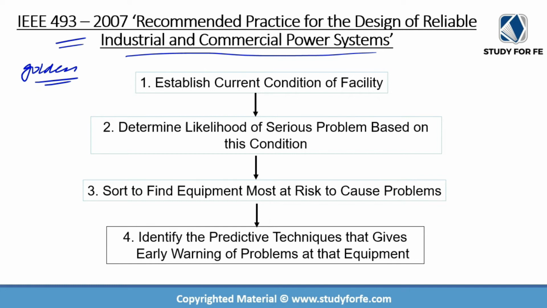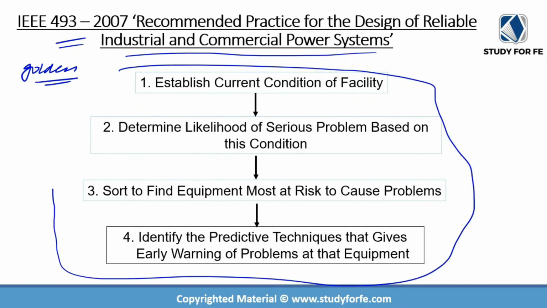We are not going to go through it, but at a very high level, it provides a stepwise framework, which we are going to discuss over here, as to how you can improve the reliability of your distribution system, whether it's industrial or commercial. So the first step is to establish the current condition of the facility.